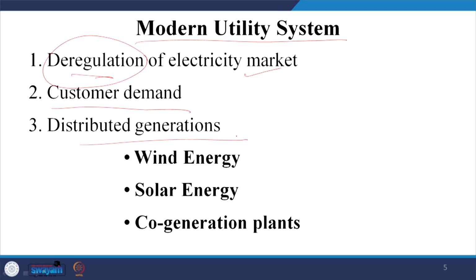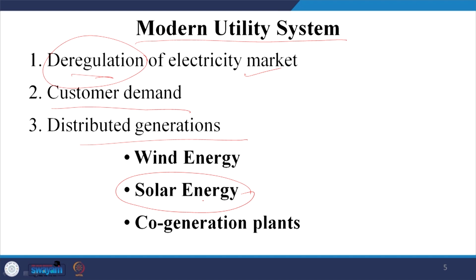Apart from that, customer demand profile changes. That is also an important issue, and this is a seasonal pattern, and it is increasing at some percentage. So, you have to take care of it. And now, with the penetration of distributed generation, we can see that solar mainly is fitted into the distribution system.